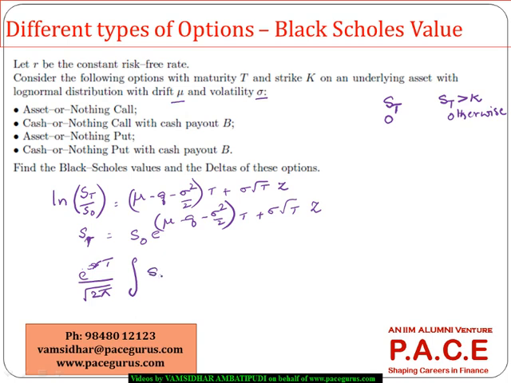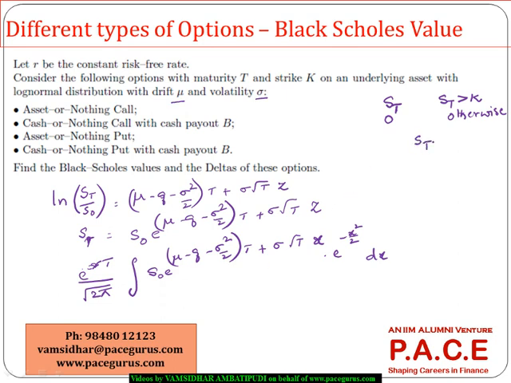The payoff is S naught into e power (mu minus q minus sigma squared by 2) into t plus sigma root t into z, times e to the power of minus x squared by 2 dx. So this needs to be integrated, but I need to know what the limits are.